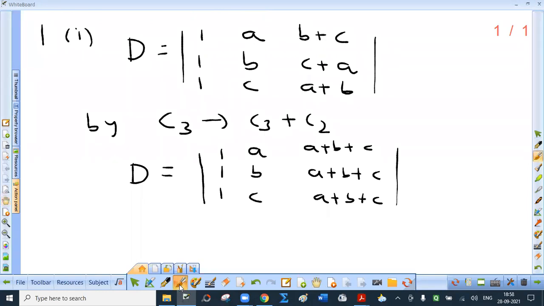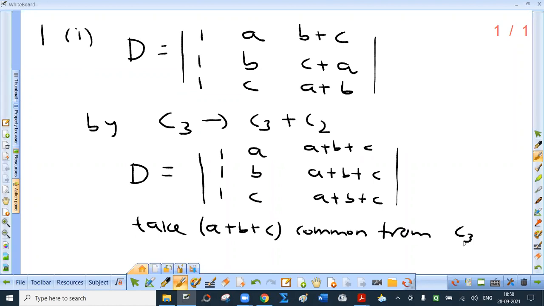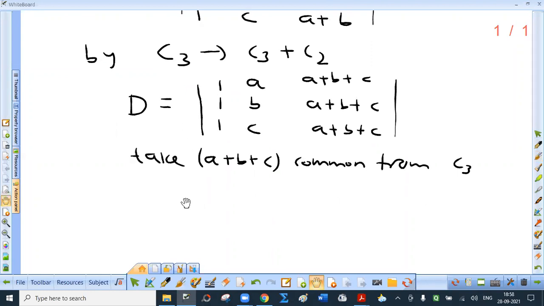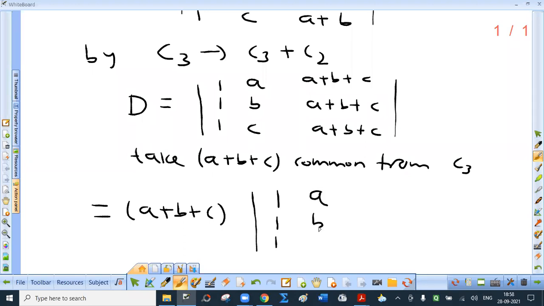Okay. Now I will say take A plus B plus C common. We have to write this in exam, common from C3. Why? Because each element contains that. So I can write it as a factor of the determinant. So A plus B plus C. See, this is actually fun, provided you know the properties. So basic work should be done.